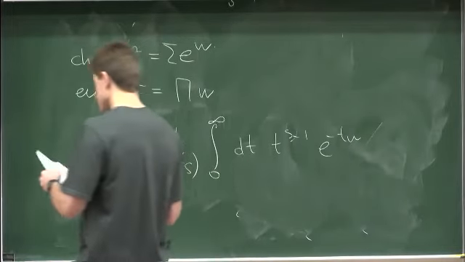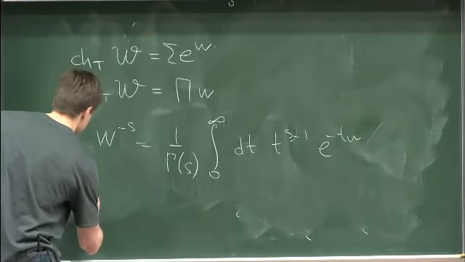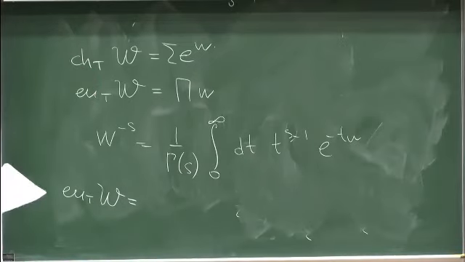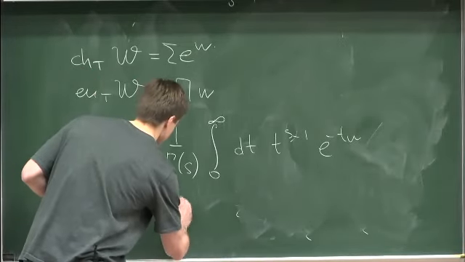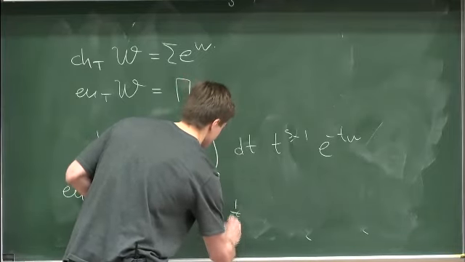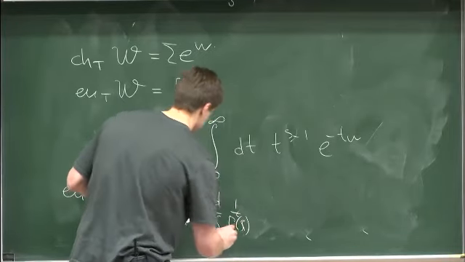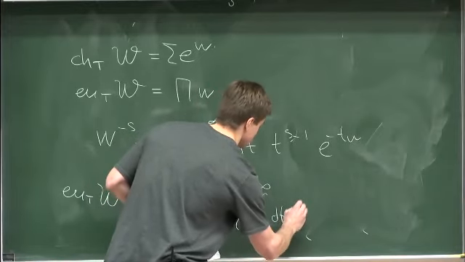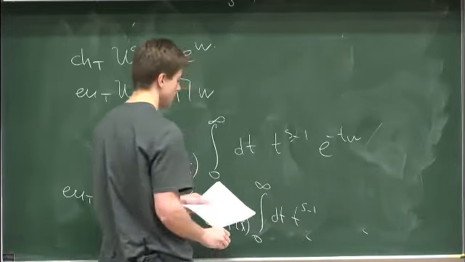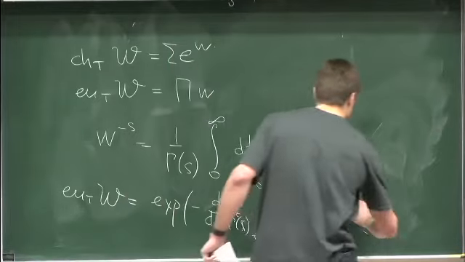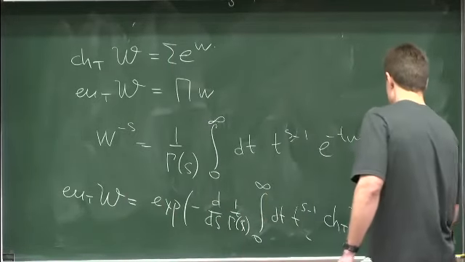And from here you see that the Euler class of some module W is the exponential of minus d over ds of 1 over gamma of s, and here you integrate dt with the weight t to the s minus 1, your Chern character of the space W.